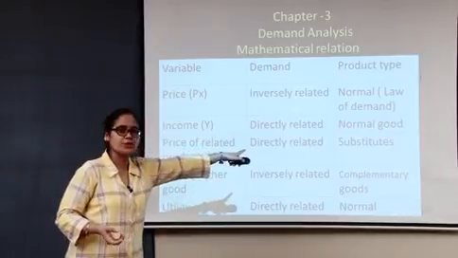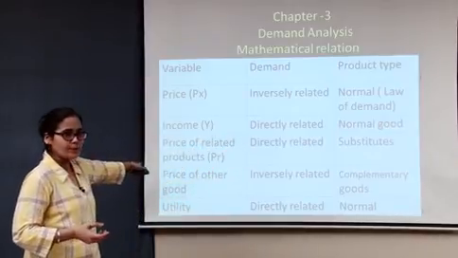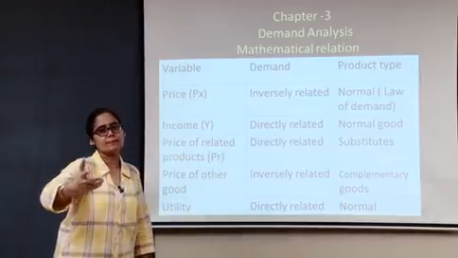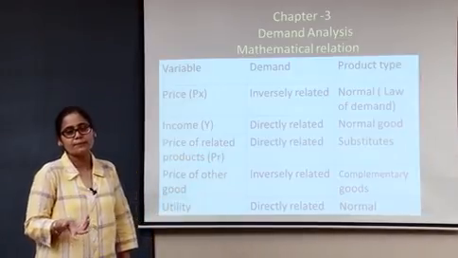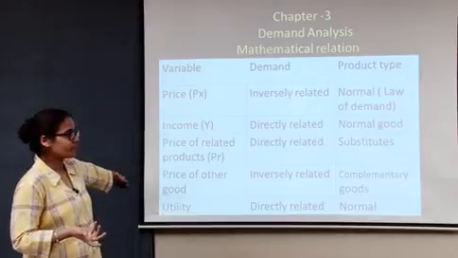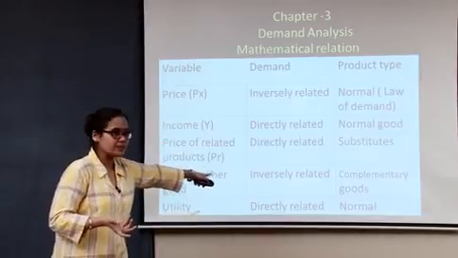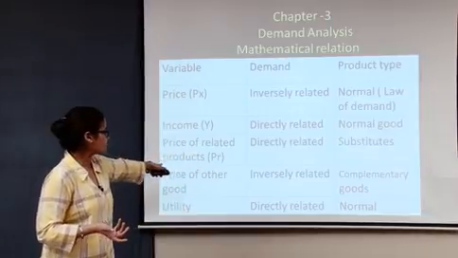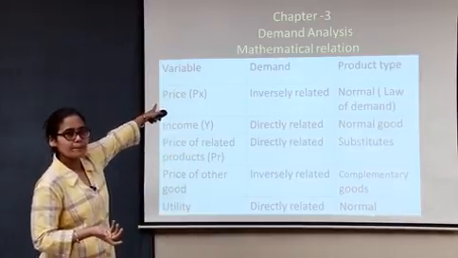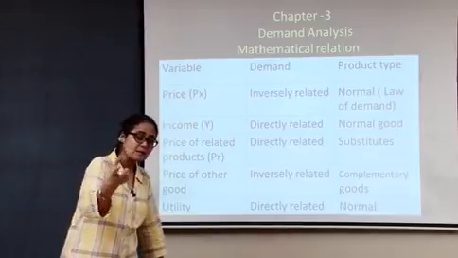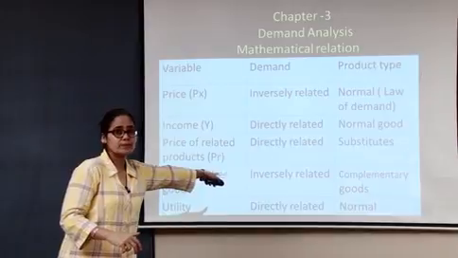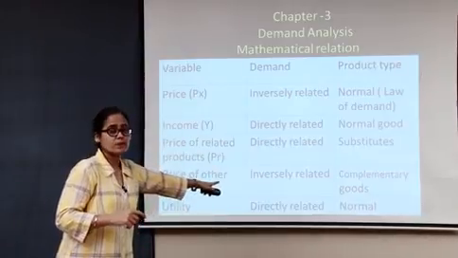In case of substitutes, the price of one product and the demand of the other product will move in the same direction, directly related. Price of the other good and demand of the existing good, inversely related. So when the price of electricity goes up, the demand for electrical appliances will come down, because it is inverse. Inverse means opposite.